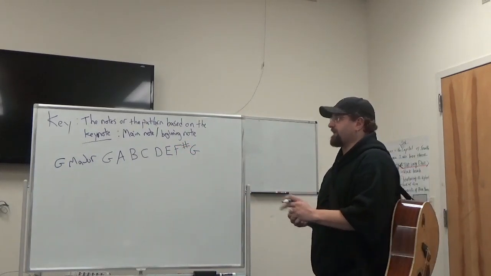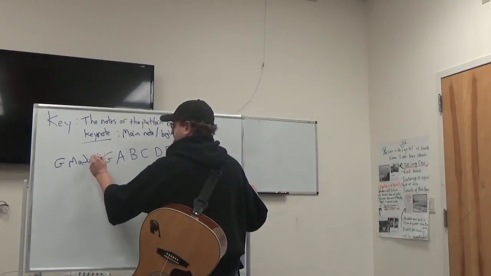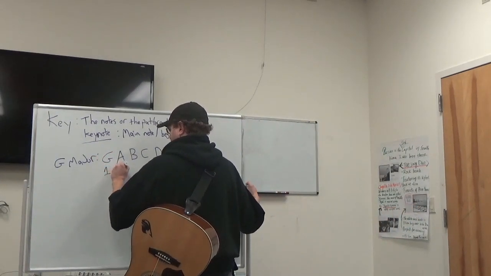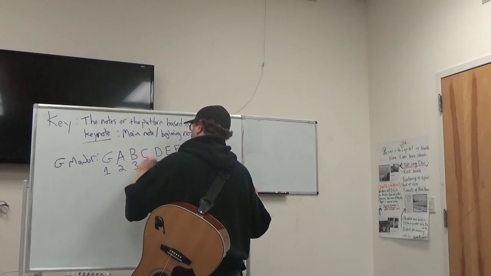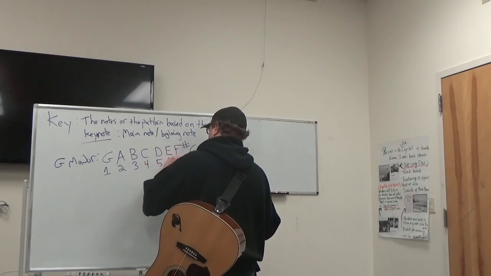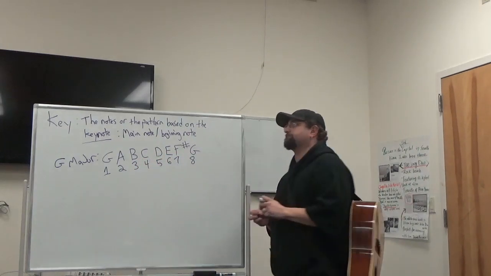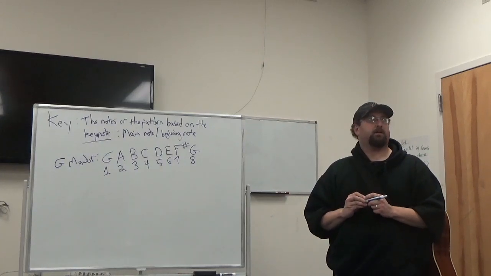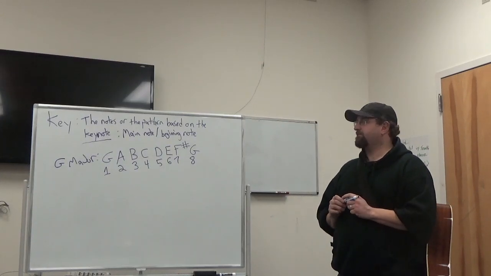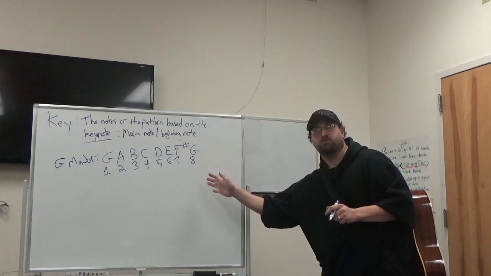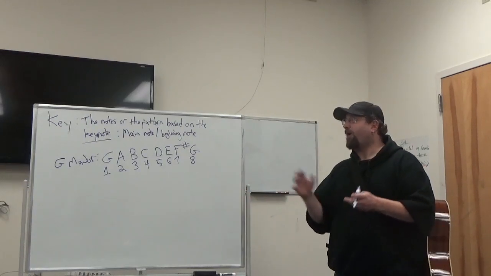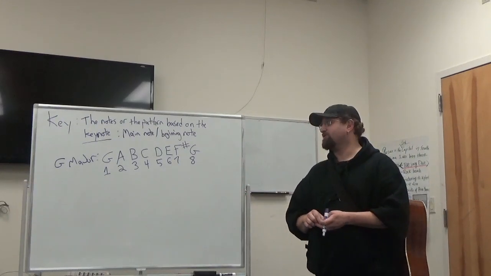Okay, so these are the 8 notes of our G major. 1, 2, 3. I know, this is a big, huge help, right? Because you go, oh, now I can play G major anywhere.